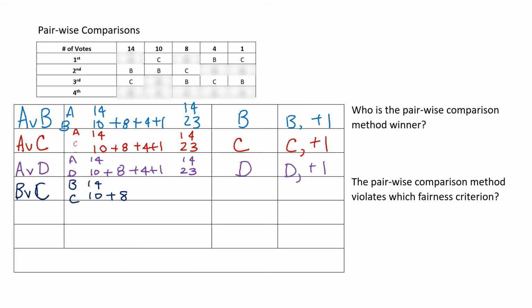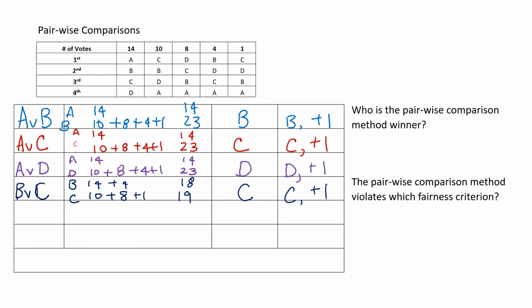On the next ballot, B is above the C, so B gets the 4 points. And on the last ballot, C is above the B, so C gets 1. So B has a total of 14 plus 4, or 18 points, and C has a total of 19. So here C wins, so C gets that point.